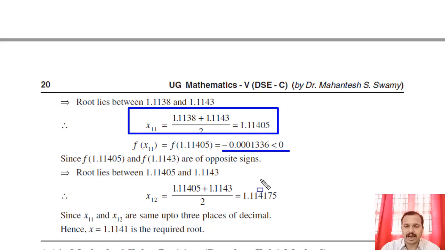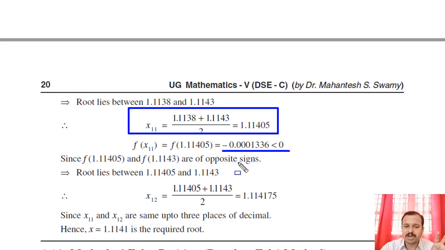And we observe that the value of f at x11, that is f at 1.11405, and the value of f at 1.1143, which we obtained in the previous steps, have opposite signs.